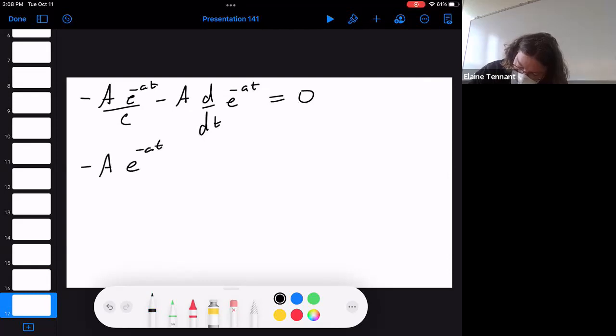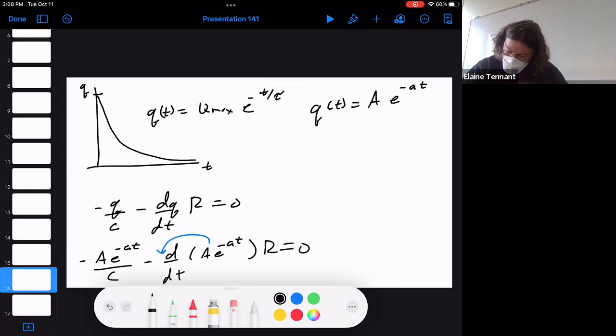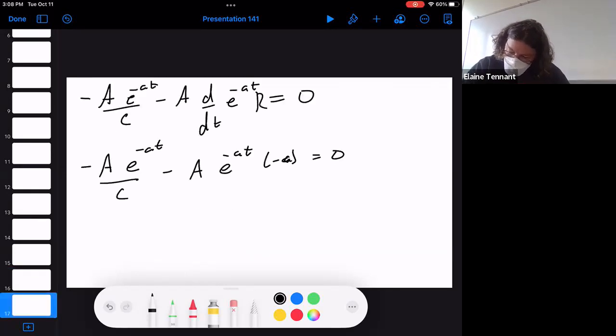So I'll take the derivative of an exponential and get an exponential back, and then I'll take the derivative of the exponent and I'll get negative a. So far, so good? Okay, good. Oh, I lost my R. That's what I lost. I was never going to get an RC out of this.